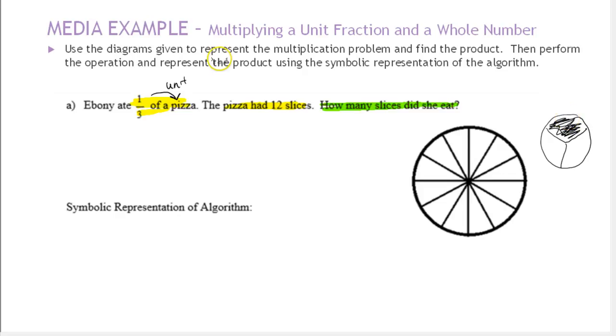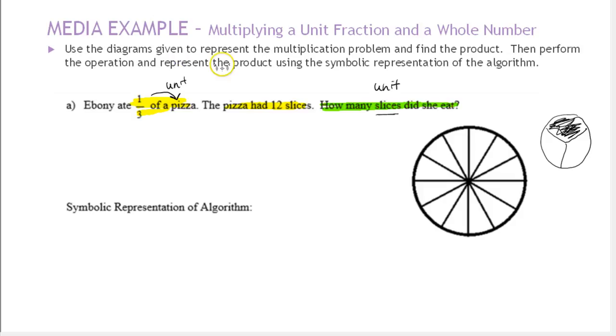And that's exactly what we're trying to find. So they're asking us, how many slices did she eat? So they're changing the unit to slices. Slices is our new unit. Okay, if they said, how much pizza did she eat? The answer would be, well, we already know she ate 1/3 of a pizza. We want to know how many slices are in 1/3 of a pizza that's broken into 12 slices.